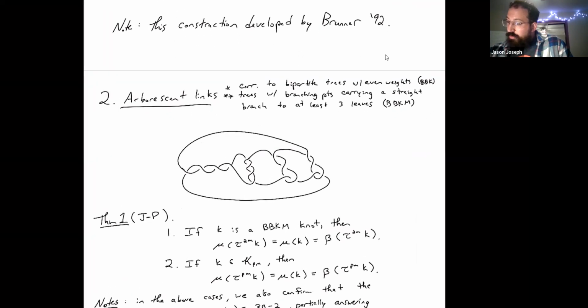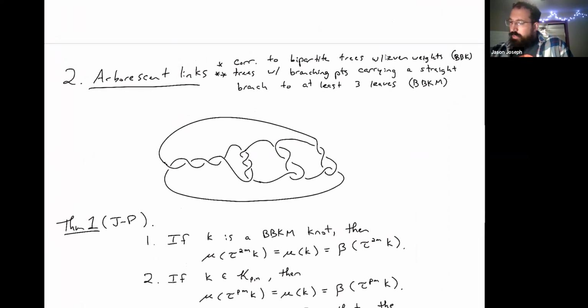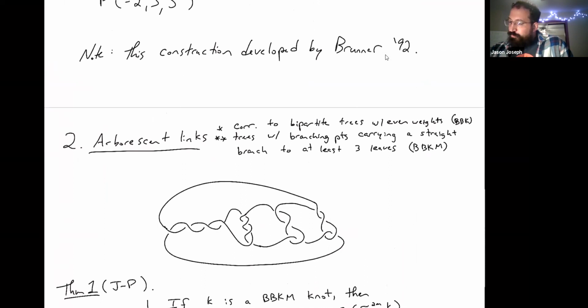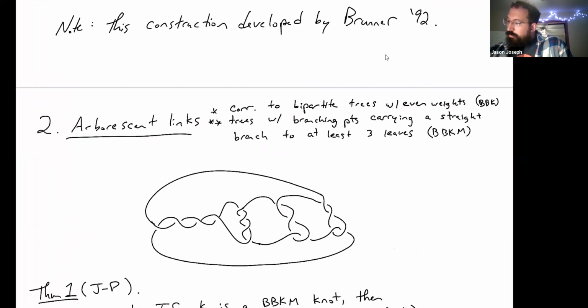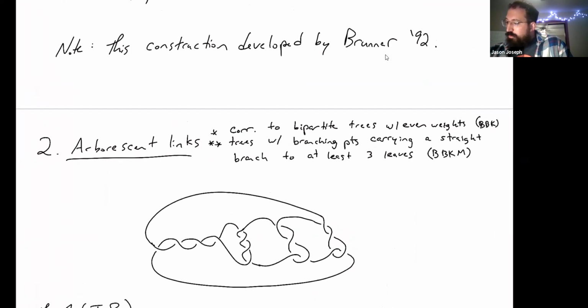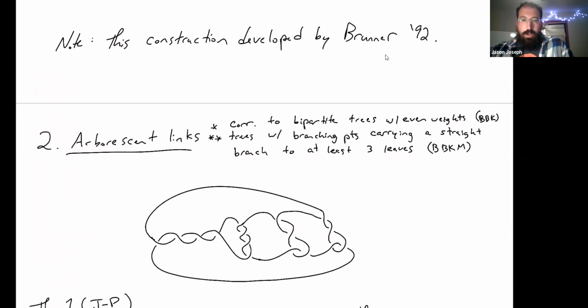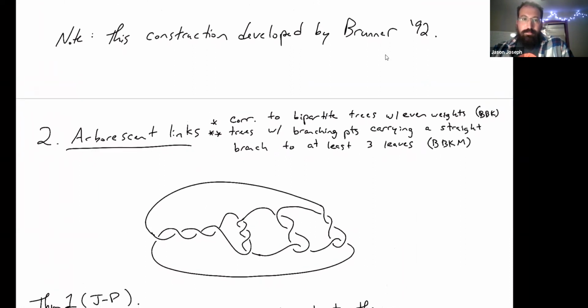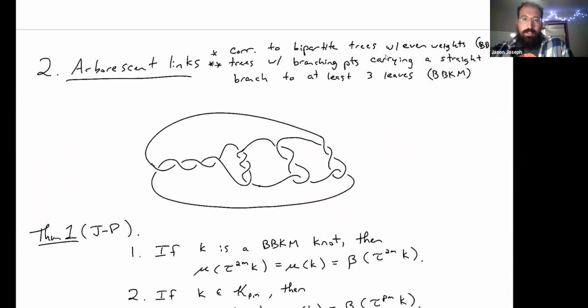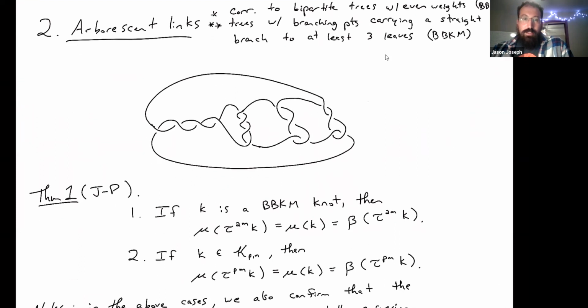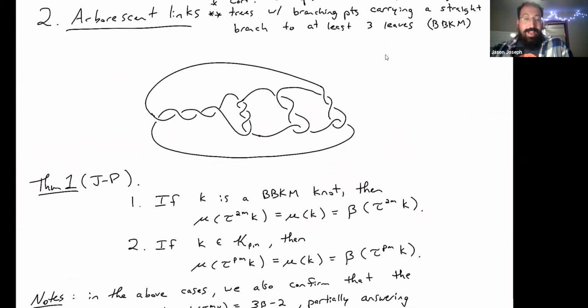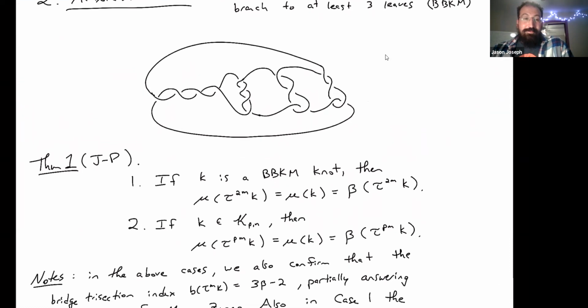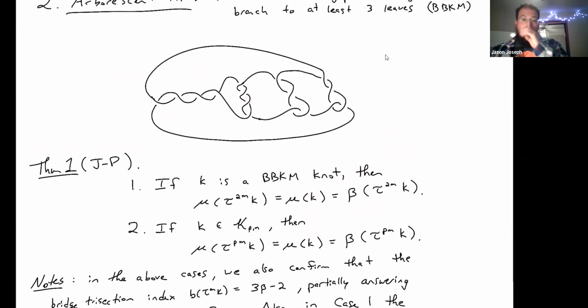Family 2 is these arborescent links, which are associated to trees. And I'm not going to explain how, I'm just going to show a picture of one. Yeah, so there's a lot of those too. And so here's theorem 1.